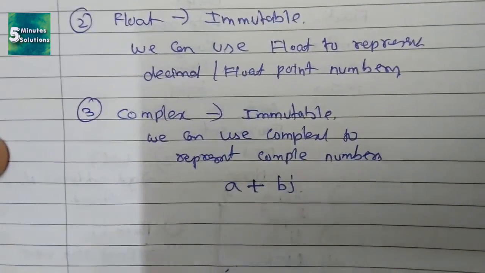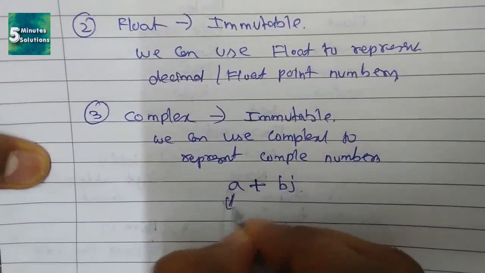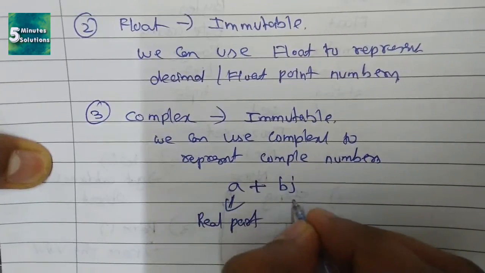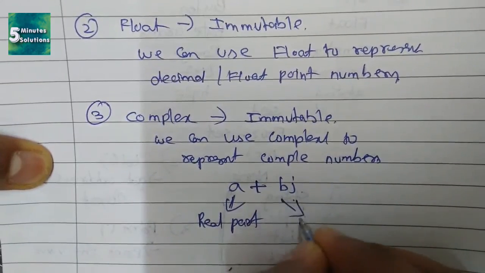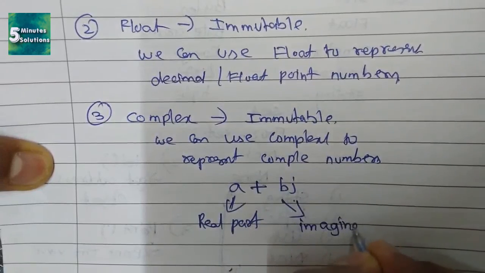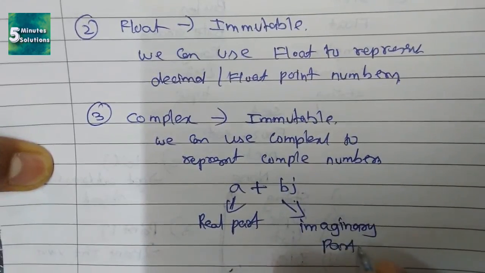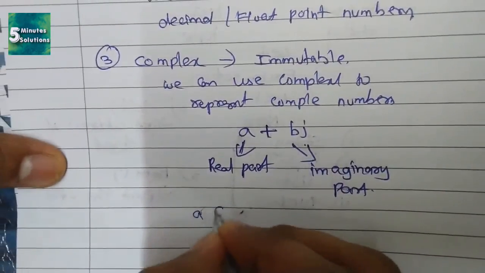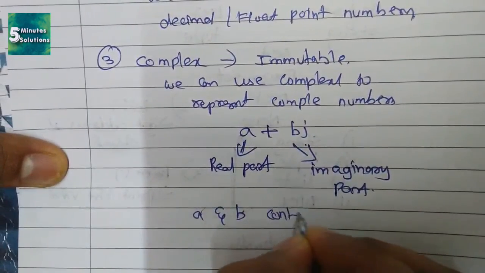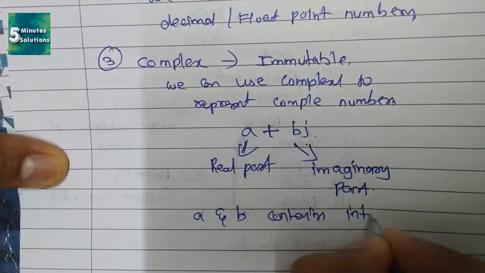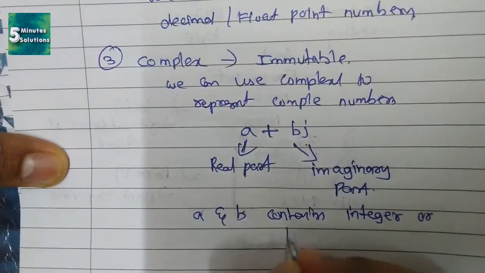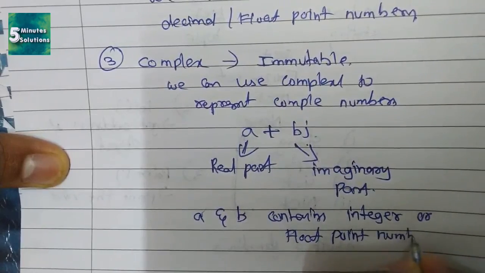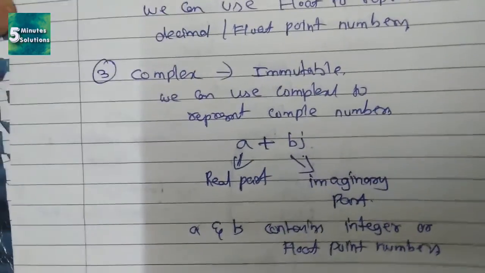Here a is the real part and b is the imaginary part. Here a and b contain integer or floating point numbers.